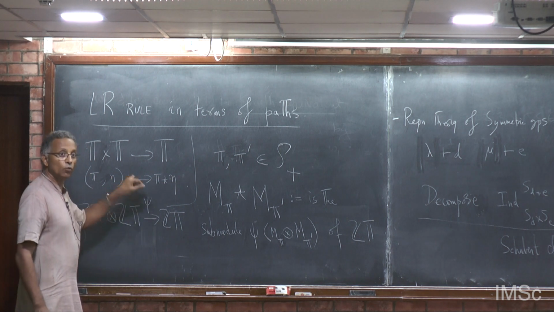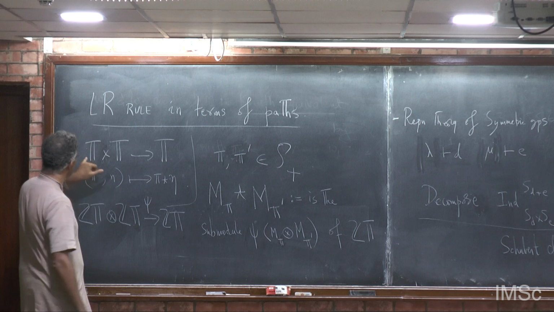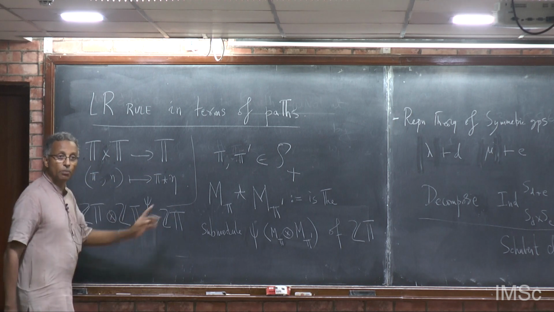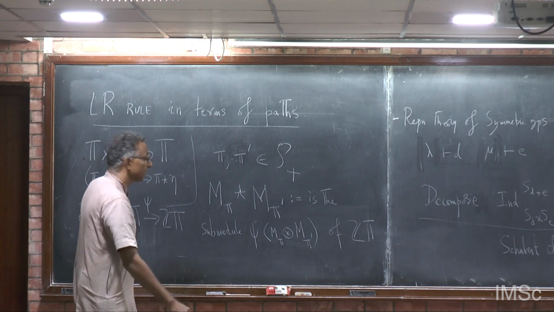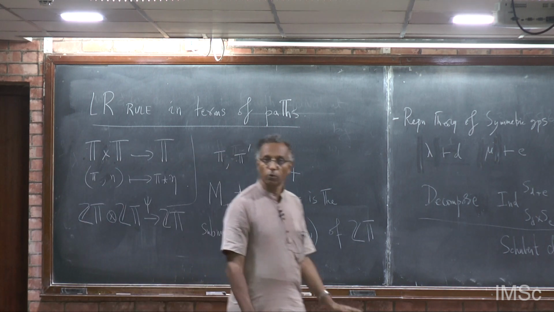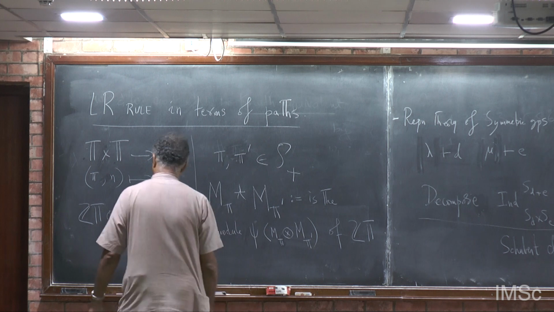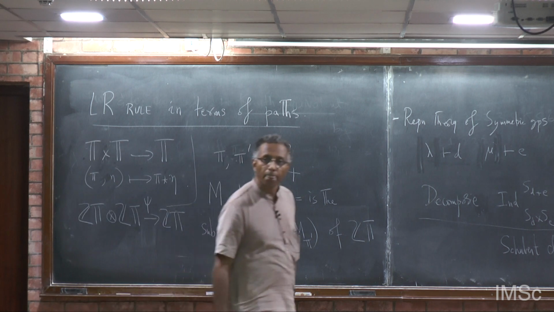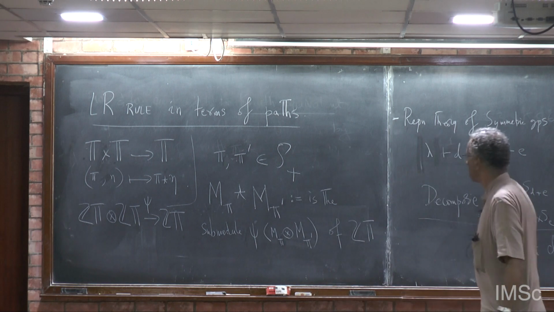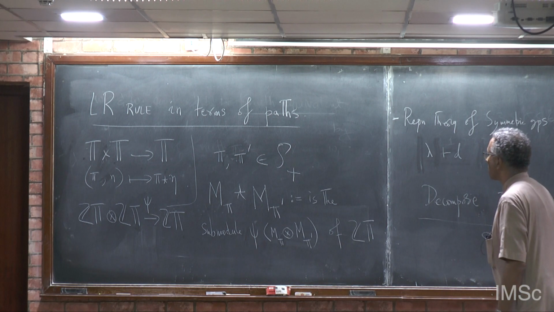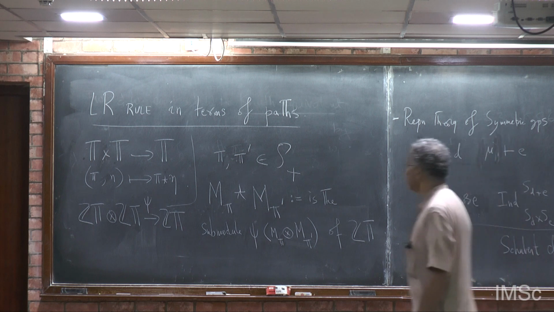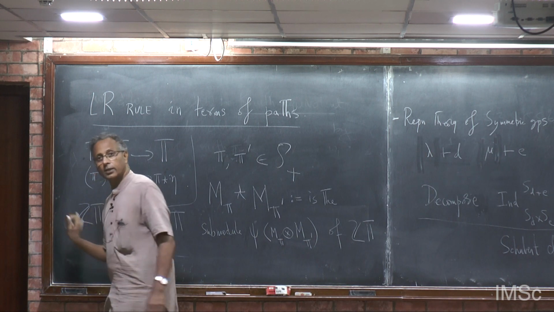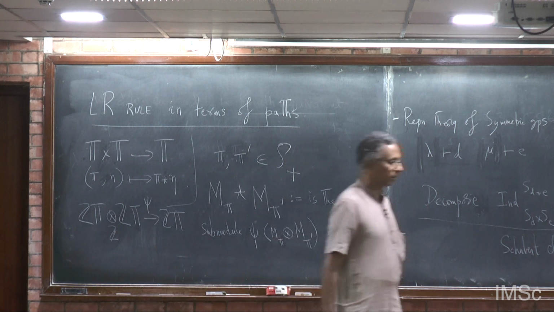If you want a bilinear map in between, you would have written Z pi cross Z pi to Z pi. That would give you a bilinear map from which I get this linear map on the tensor. This is just as a Z module.